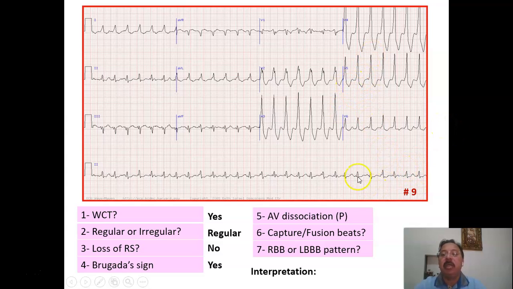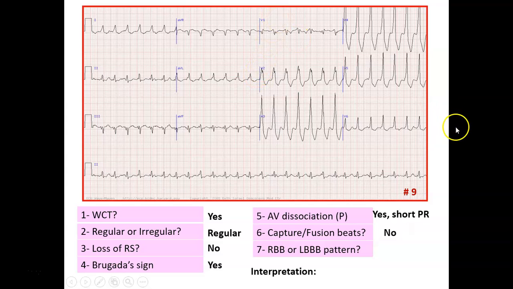Atrioventricular dissociation, you may see these P waves in between. Oh my God. And there is a short PR interval. Capture and fusion beats, no. And what's the morphology? It's right bundle branch block pattern.